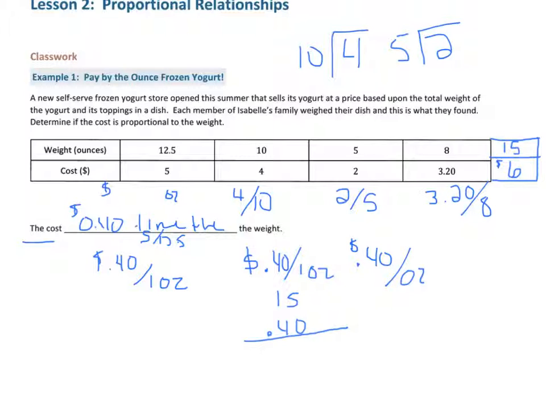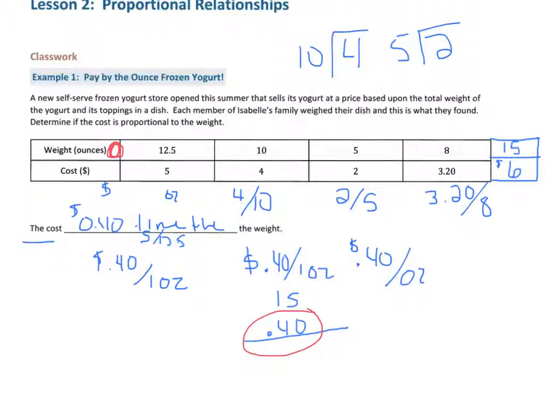So what if you're like me and you don't order anything when we go to Orange Leaf? If the weight is 0, it's kind of silly because it seems obvious, but I want to make the point. Does this whole idea of multiplying by 40 cents still hold true?